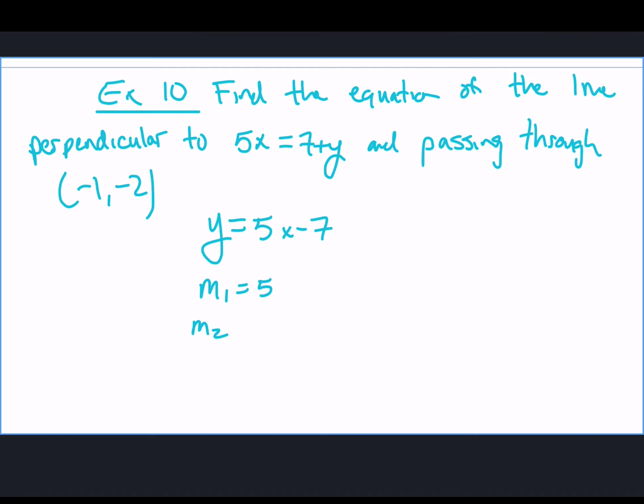Christina, what's the slope of our second line, the one we're looking for? Not -5. You remember you got to flip it. -1 over 5. Thank you. Okay, so we have our slope and we have our point.